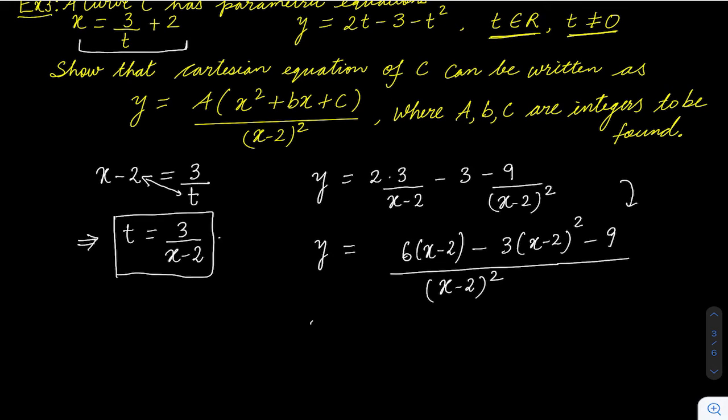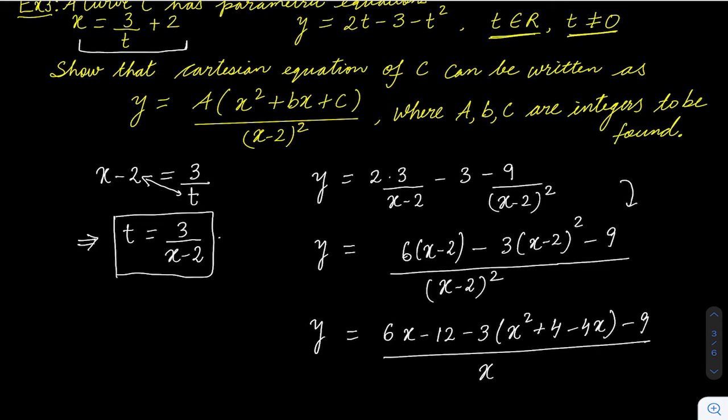Let's further simplify this. Let's multiply this: 6 times x is 6x minus 12 minus 3 times x minus 2 whole square. So this will be x square plus 4 minus 4x minus 9 over x minus 2 whole square.